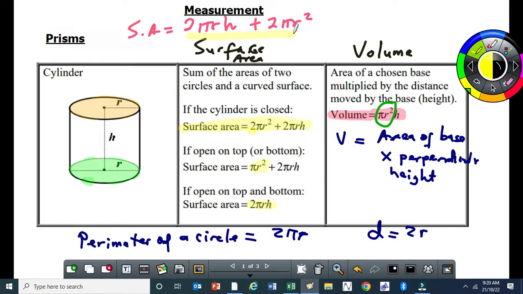But you can have a special case where the top is not there or the bottom is not there. So you can have this first case here, when the bottom or the top is not there, pi r squared plus 2 pi r h. If both the top and the bottom are not there, then your formula is 2 pi r h.